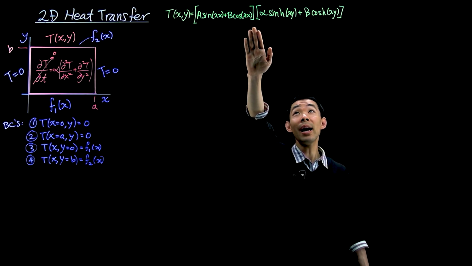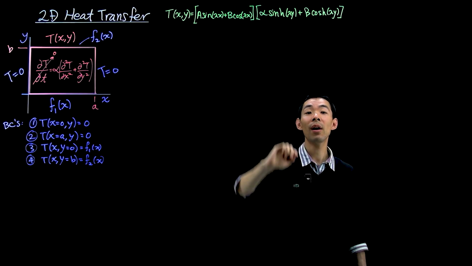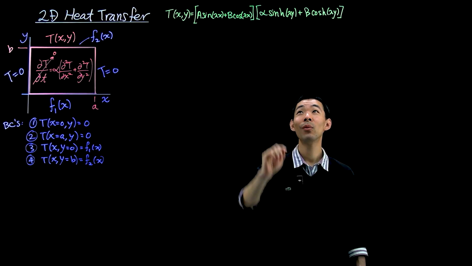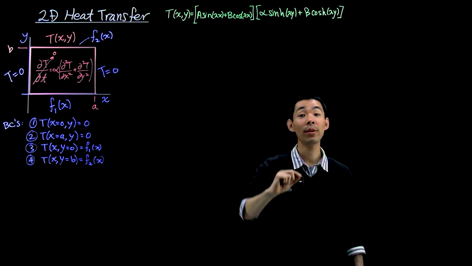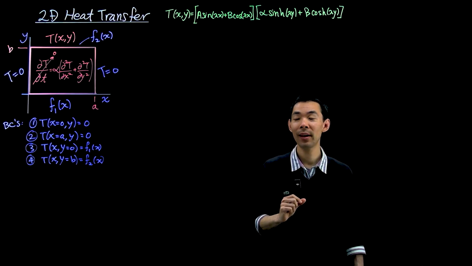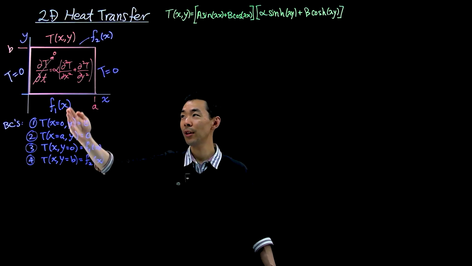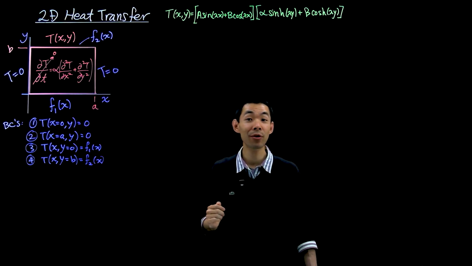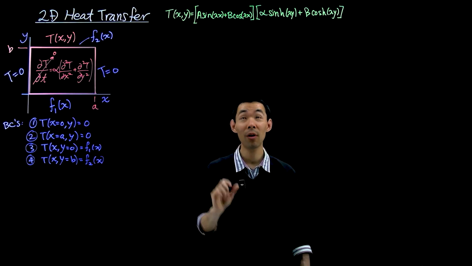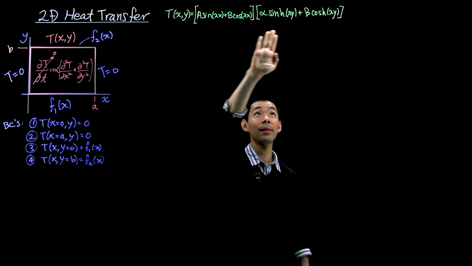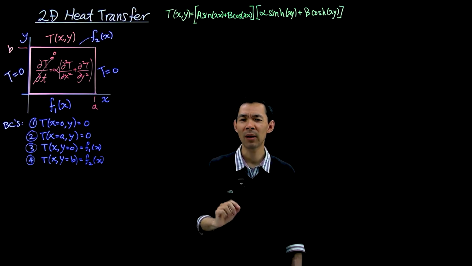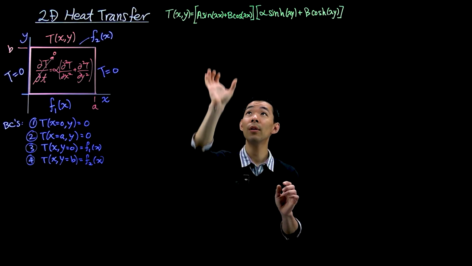And then times a function of y only, which has sinh and cosh, which are exponential solutions. Therefore, along the y direction, we have exponential solutions because the roots were real as opposed to being complex.